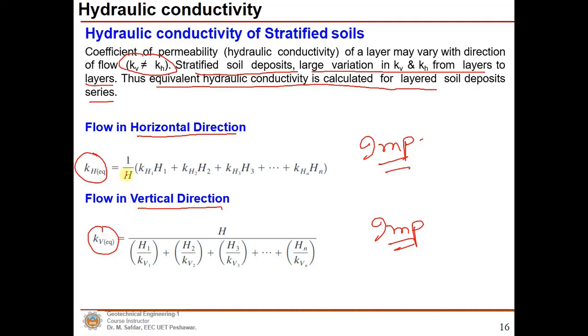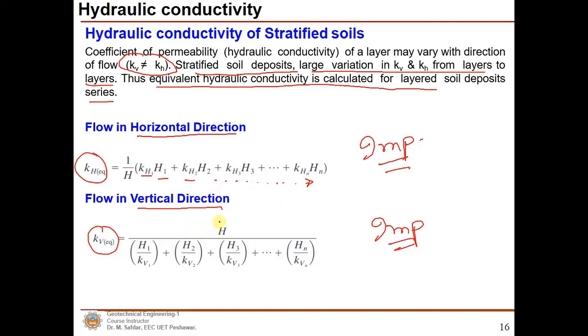H is the total thickness of all the layers. Kh1 is the hydraulic conductivity for the first layer, H1 is the thickness of the first layer, and so on, the hydraulic conductivity for the second layer and the thickness of the second layer, and if n number of layers are there, you can use this equation.